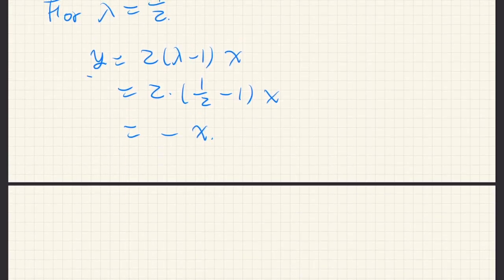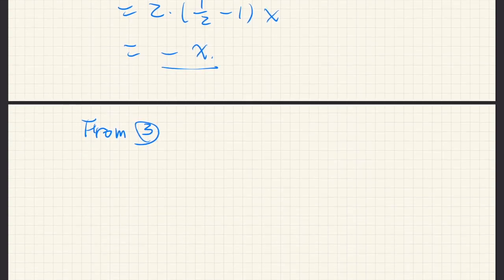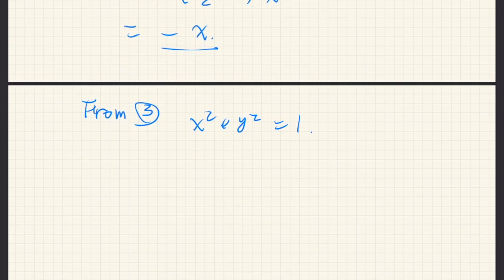And so y must be negative x, and from the condition 3, that is x squared plus y squared equal to 1. So if we substitute y equal to negative x, then we have 2x squared is equal to 1. So therefore we have x is positive or negative 1 over square root of 2.